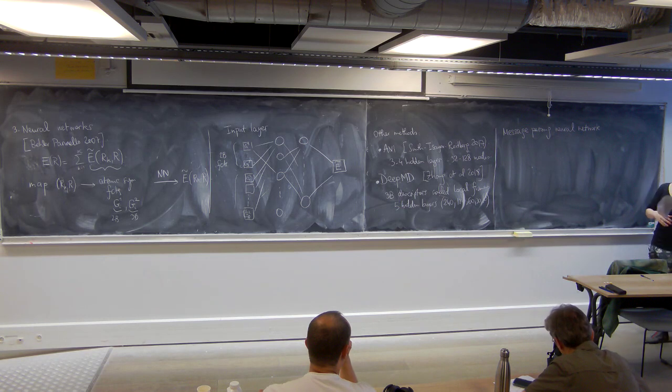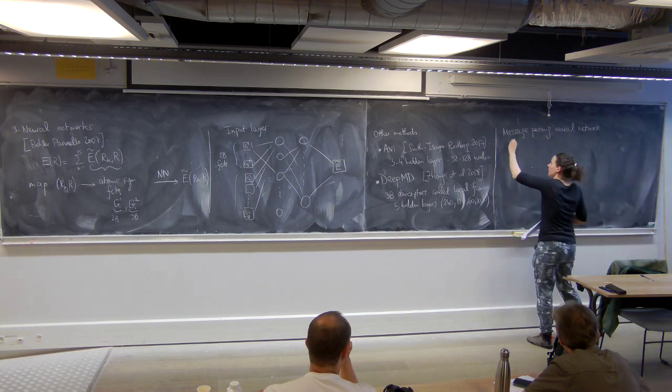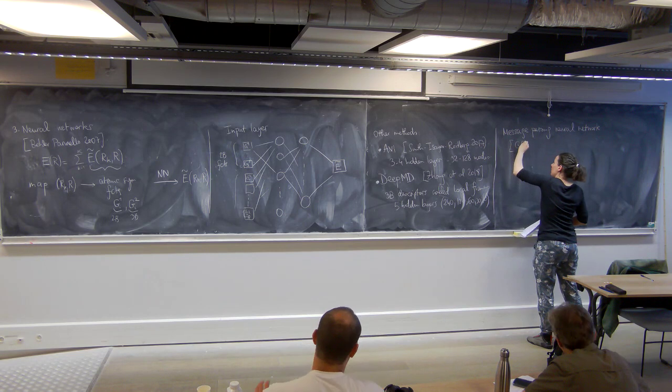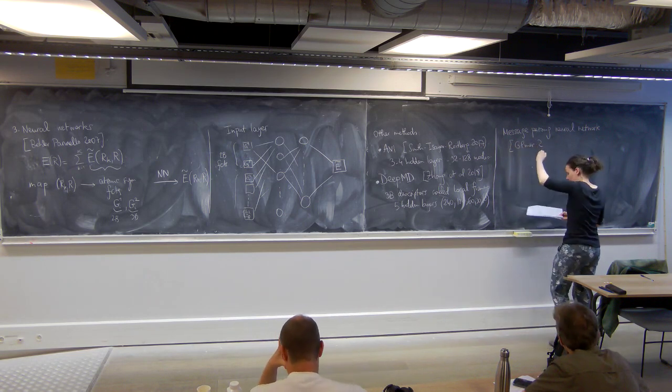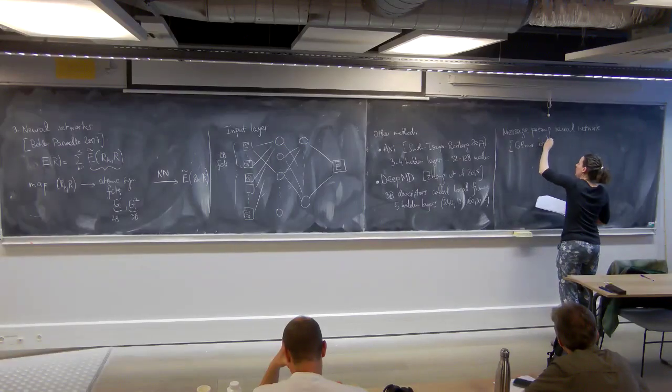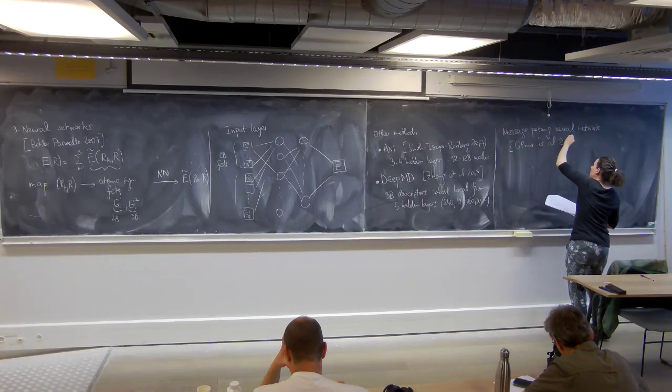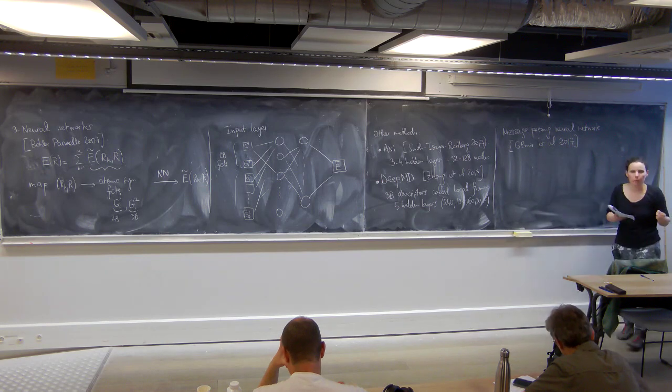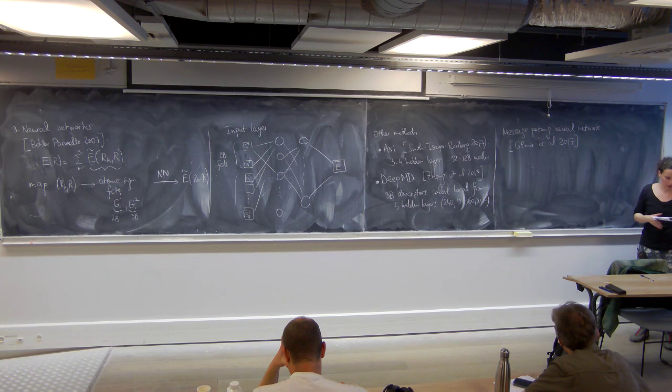I found a very nice reference by Gilmer and coworkers, people from Google, where they explain in an abstract way what a message passing neural network is. And so it's pretty clear.